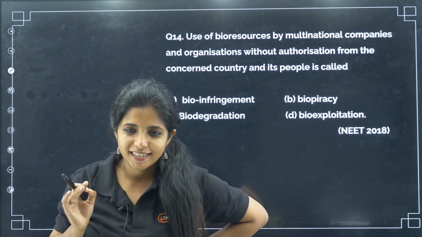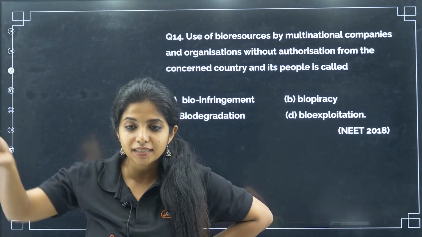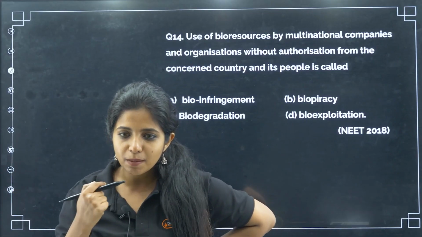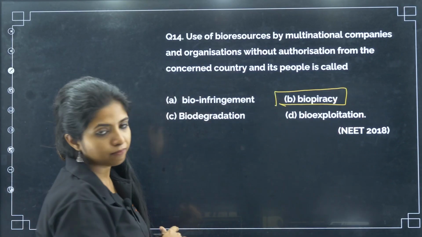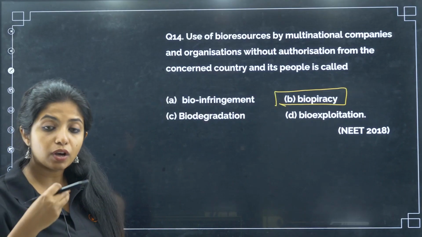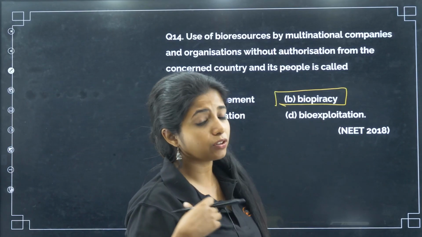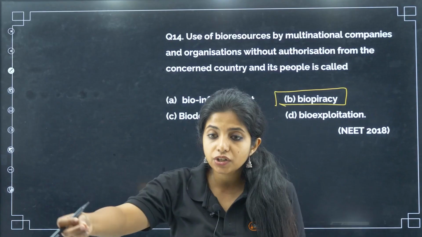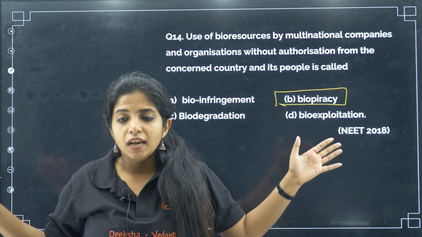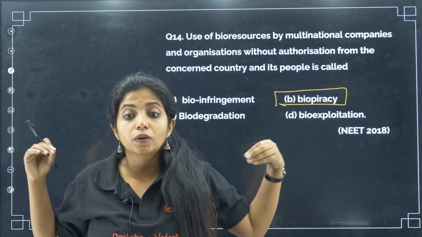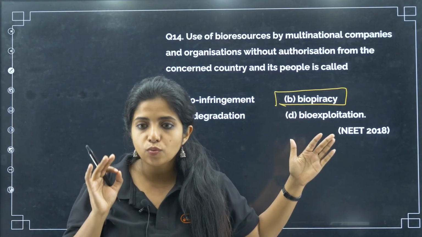What do you call this? This is totally bad, right? This is their product, I am using it. I am the bad person. So what is this process known as? This is known as biopiracy. If I had taken authorization or asked their consent and then done something, it would have made sense, but over here I am doing everything without authorization, so this is known as biopiracy.